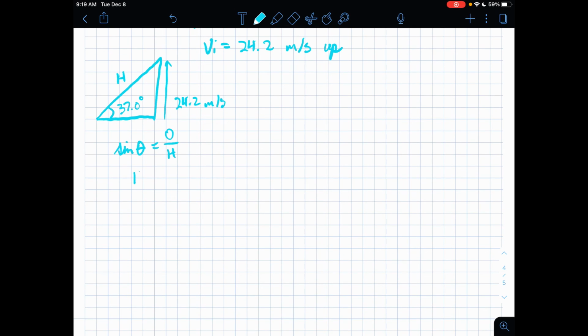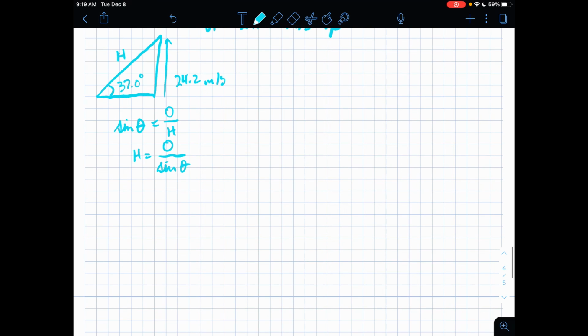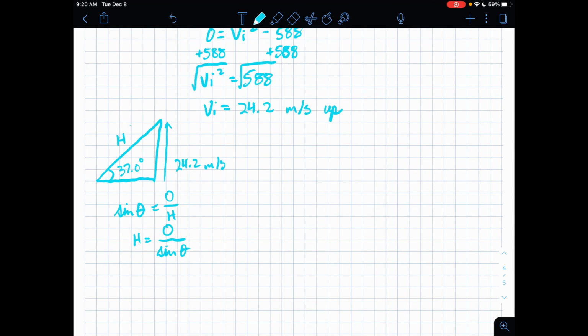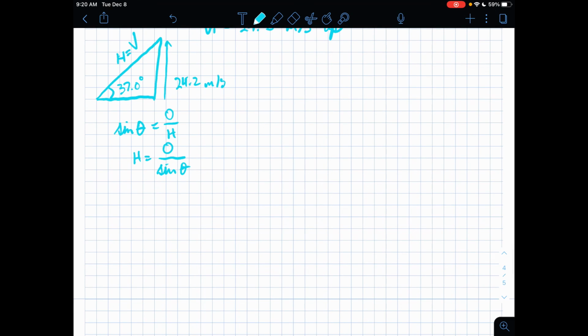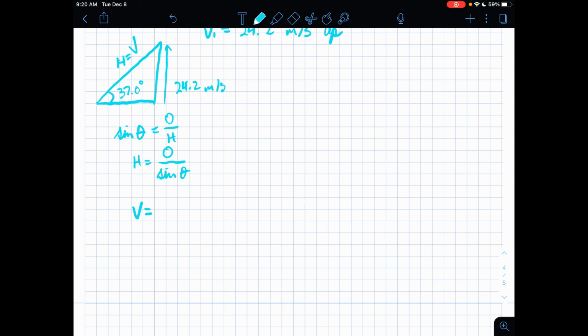So to find that, you'd have to write the equation as the hypotenuse is equal to the opposite side over sine theta. And then we can just call this v, why not, just to make it fit better into our physics. So then v would essentially be 24.2 meters per second over sine 37 degrees.